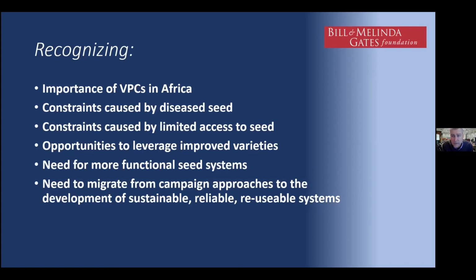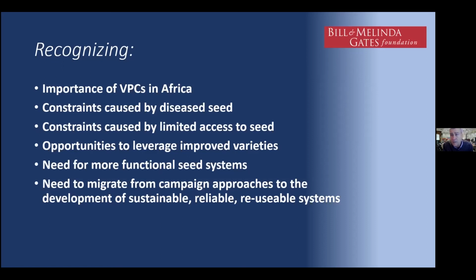Just to start off, as others have, for over a decade our agricultural development program has recognized the importance of vegetatively propagated crops in Africa, and also recognized that their productivity is constrained by diseases and pathogens in the seeds that are used informally by farmers. In many cases, farmers are constrained even by just their access to seeds at the right time. Farmers often have difficulty securing sources of seeds.